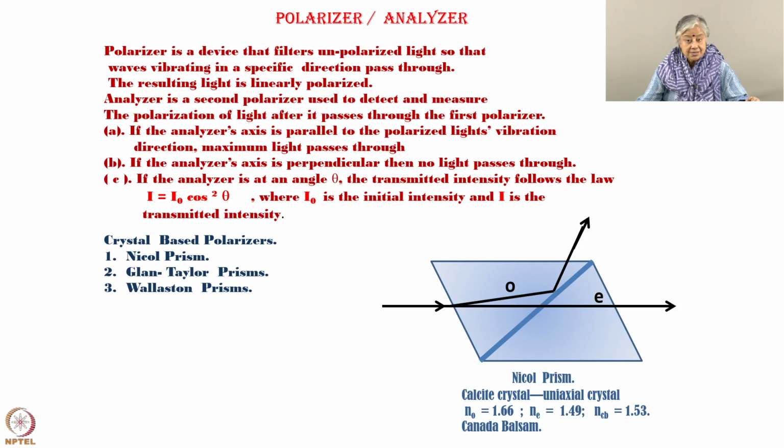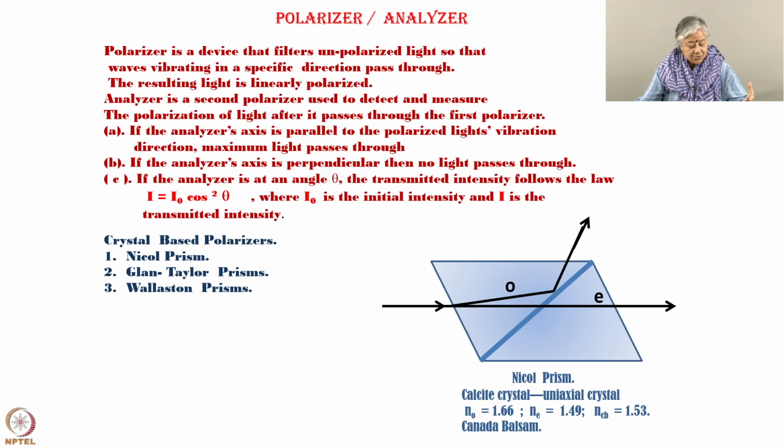Now, what is an analyzer? Analyzer is actually another polarizer itself. The polarizer polarizes the light and the analyzer analyzes that light. But as an actual optical element, they are both the same.